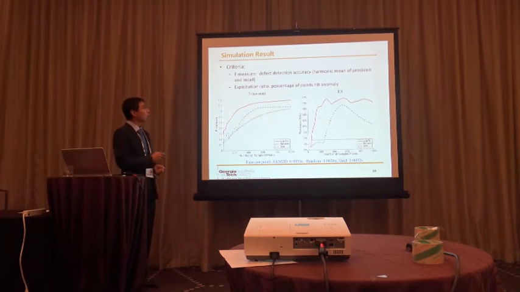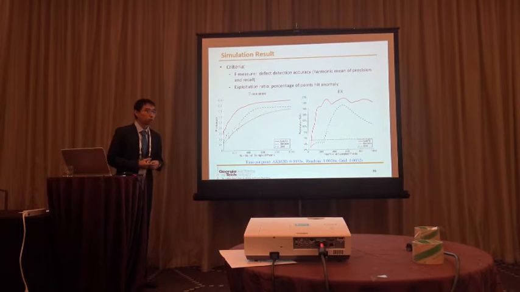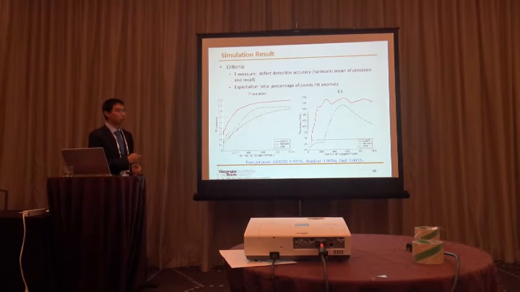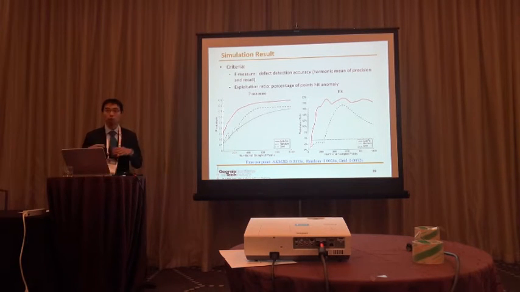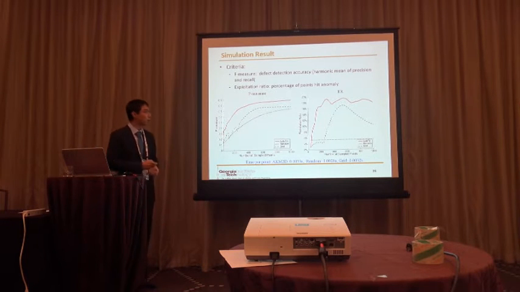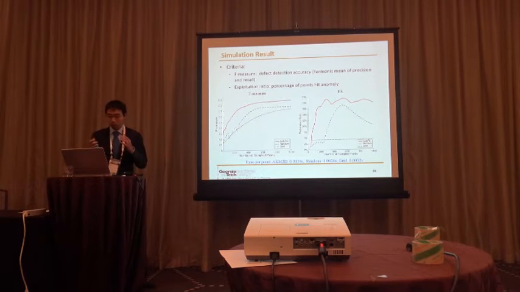We further compute 2 criteria: the F measure, which quantifies the defect detection accuracy, and the exploitation ratio, which tries to quantify our sampling algorithm, that is, what percentage of the points are put in the anomalous region. We computed these over 5,000 iterations.